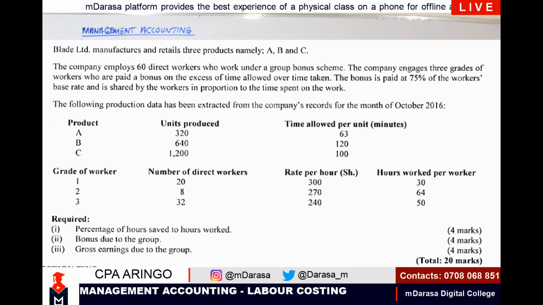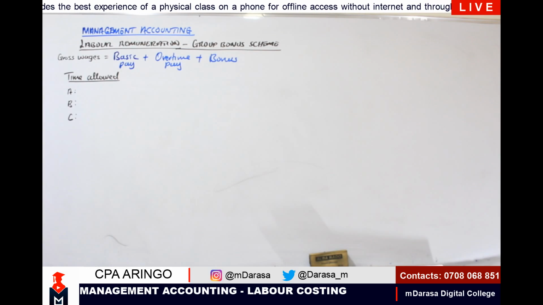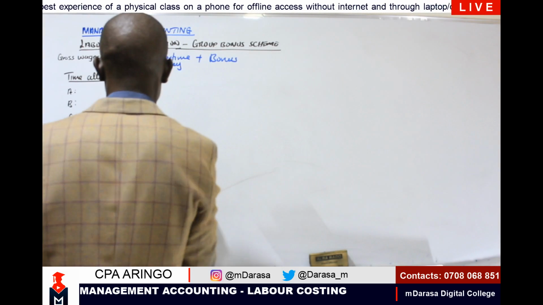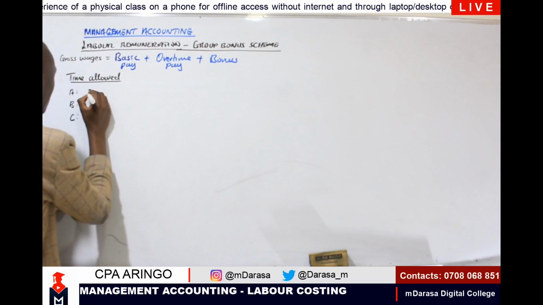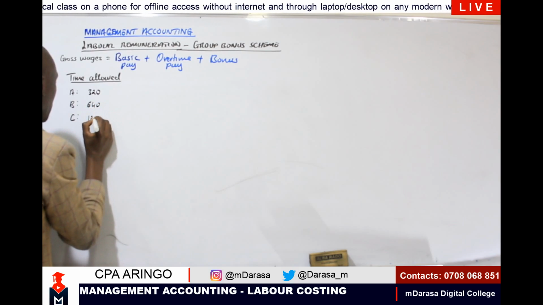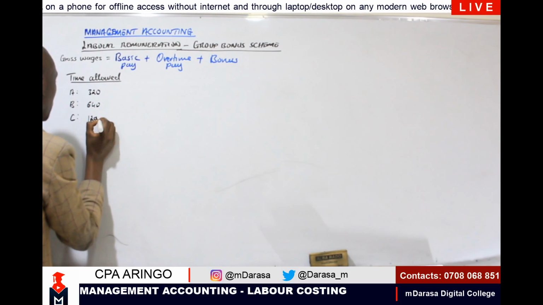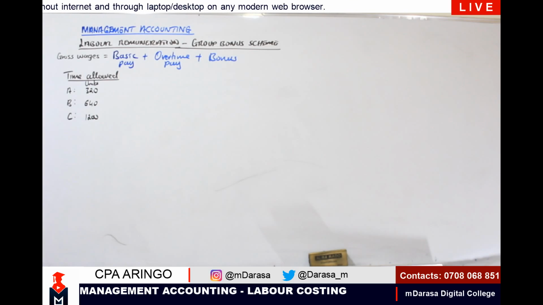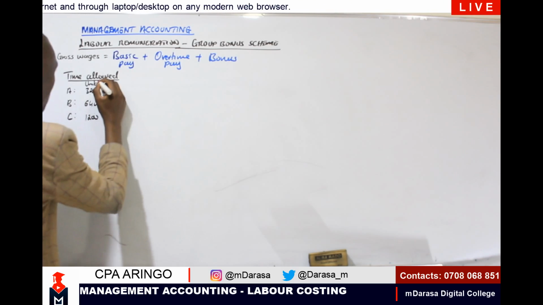You can see units produced, I'm given 320, 640, and 1200. These are units produced.